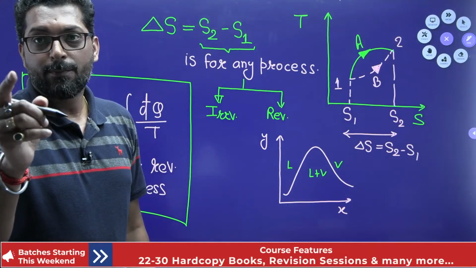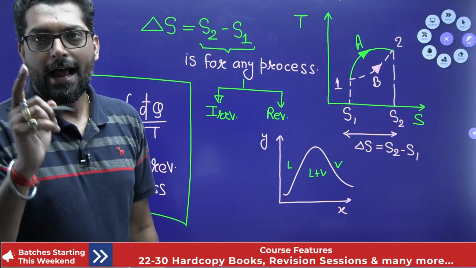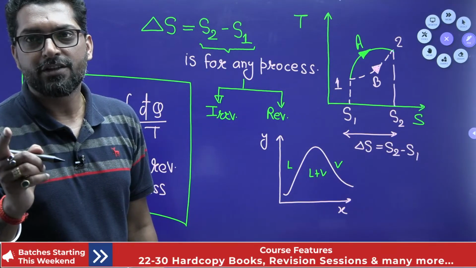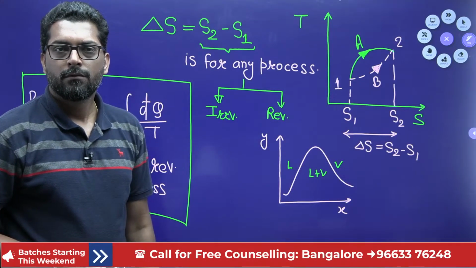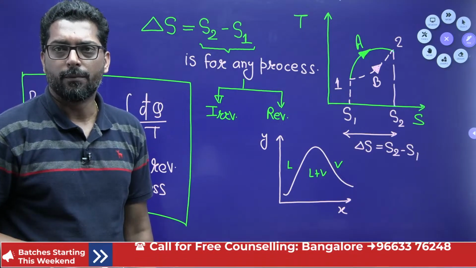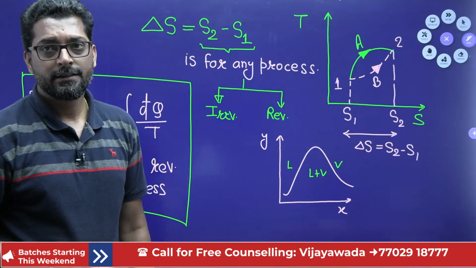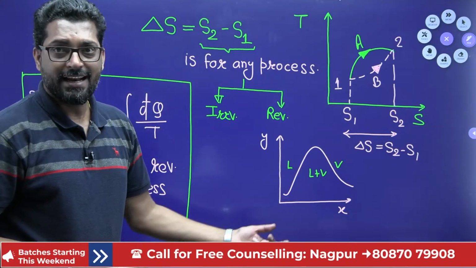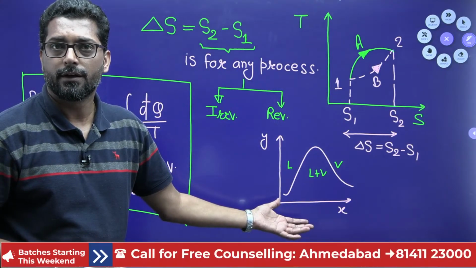And if x and y are temperature and pressure? Yes, of course, no problem. Where is the problem? No problem. This is right. It is right, but it is not related to entropy content.